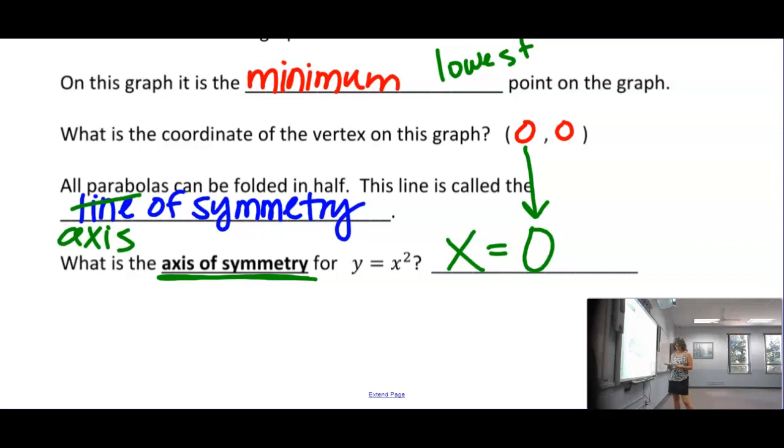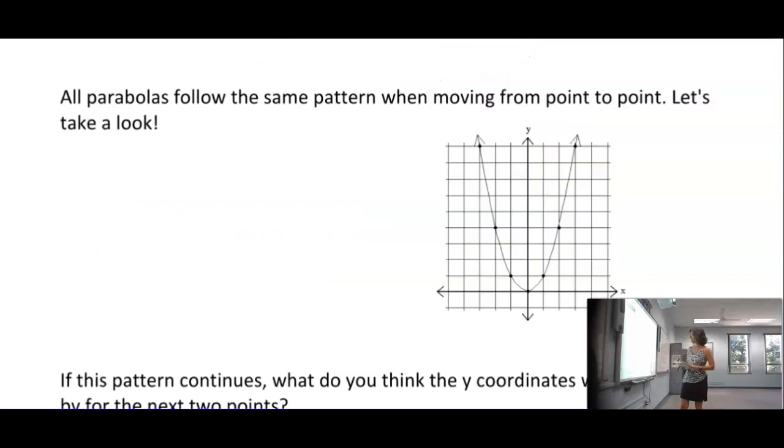Okay, so what in the world does all this mean? Well, we need to know a couple other things. As we are looking at parabolas, they always have the same pattern when moving from point to point. Moving from this vertex over to this point, it's over 1 and up 1, so it's plus 1.